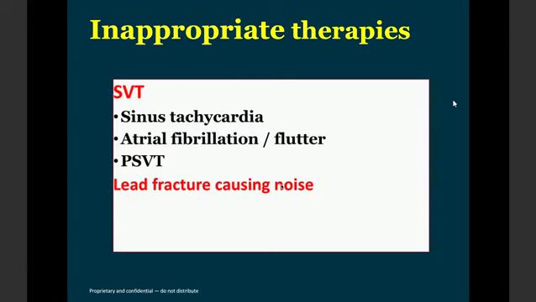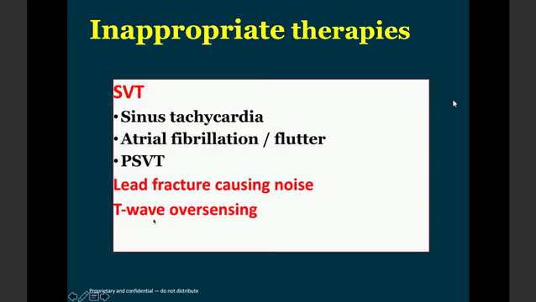During the process of friction between the fractured conductor coils, this can generate abnormal fast signals, and that is called noise. And the device will unnecessarily treat it like a ventricular tachyarrhythmia. So lead fracture causing noise is another important reason for inappropriate therapy.